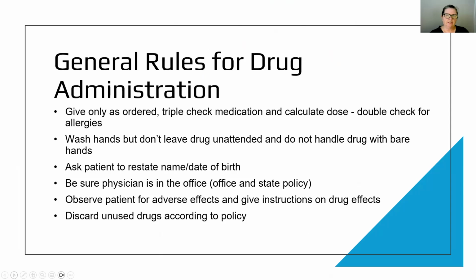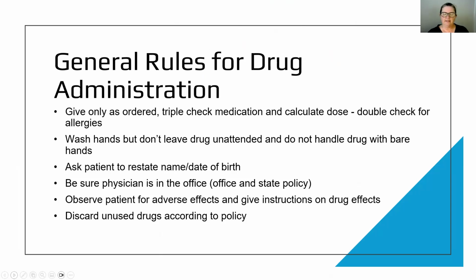My state currently just amended all of this to where they have to be within reasonable, oh gosh, I can't remember exactly the way they said it. But you have to be able to make contact with them in a reasonable period of time.